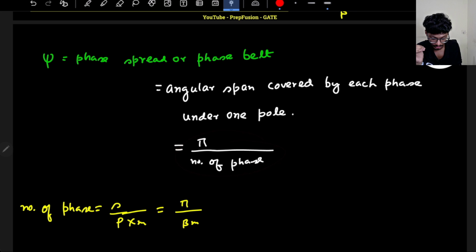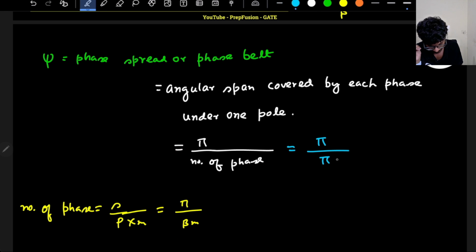I will replace this here: pi upon pi upon beta m, which gives m beta. So my phase spread is equal to m into beta. For concentrated winding, it will be equal to beta because m is 1.